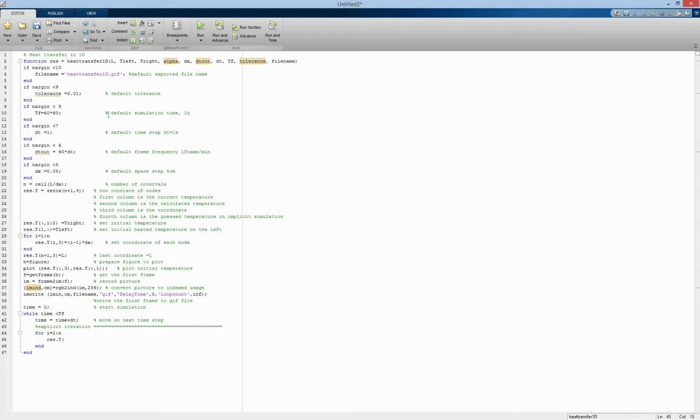And I use the equation for the explicit iterations, which is the temperature in the future will equal the temperature at the current step plus alpha times dt over dx squared times the temperature of the previous node minus 2 times the temperature of this node plus the temperature of the next node.